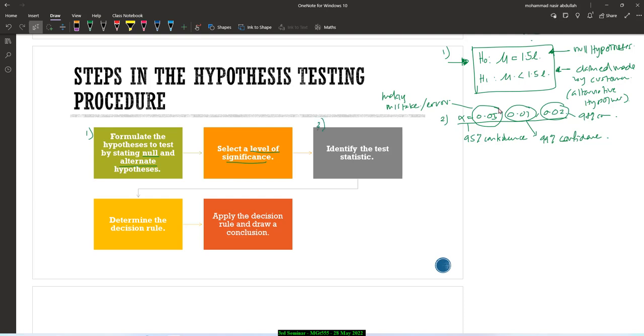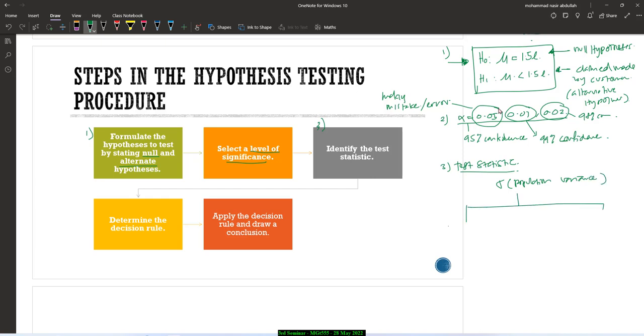Then number 3, we need to identify the test statistic. In test statistics, if the population standard deviation or population variance is known, right?